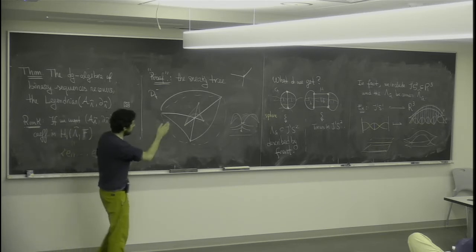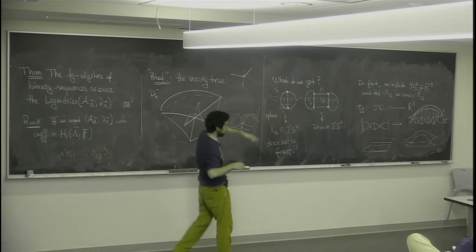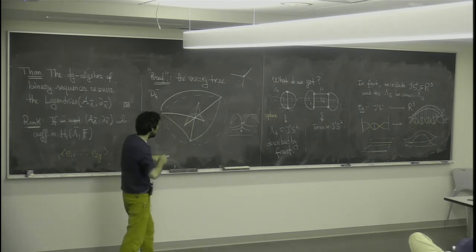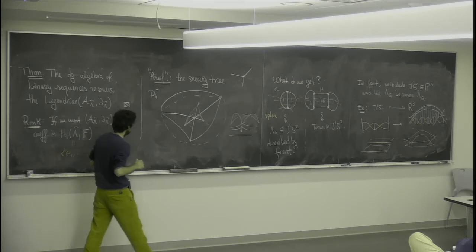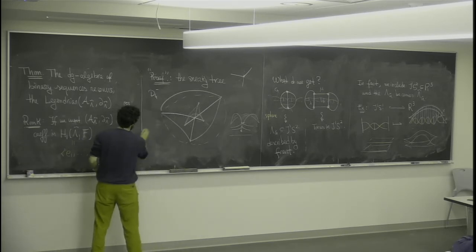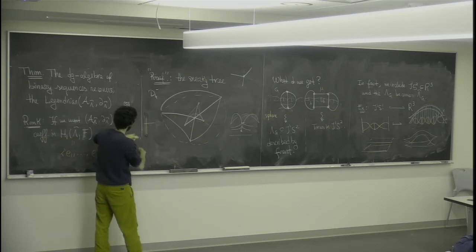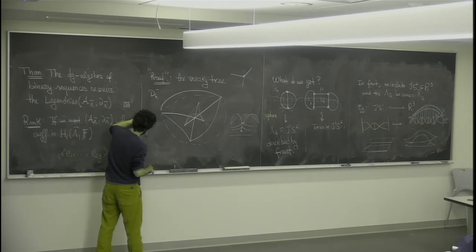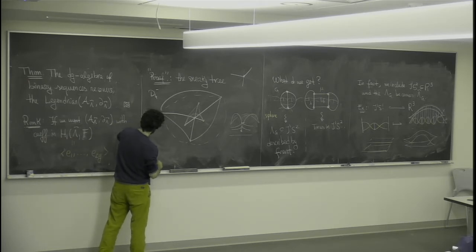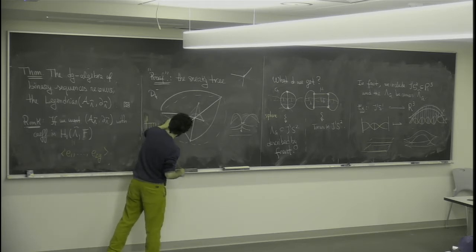I claimed when I was doing the combinatorics that a blue path, which was exactly this Morse flow tree, could go to a vertex by using a red one. So what is that? You're going to start with the path upstairs, which is in here. And then I claim that this can split off something below, and that is going to enter this region.